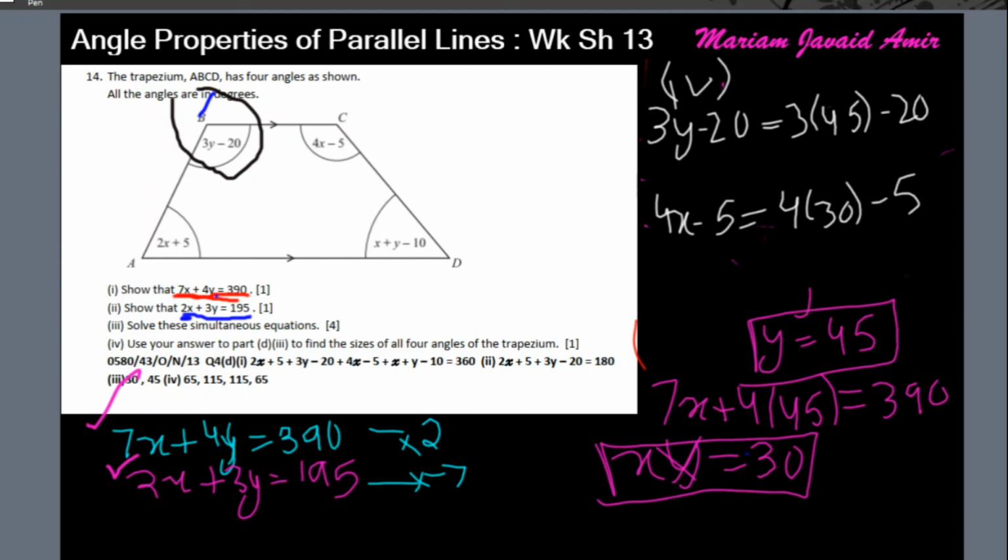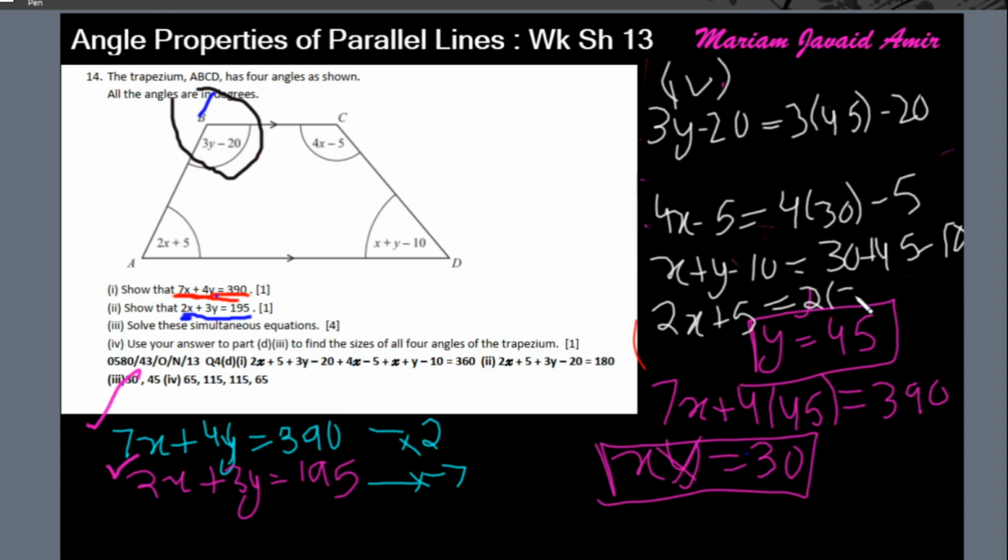Then the next angle is x plus y minus 10, which will be 30 plus 45 minus 10, and then the last angle is 2x plus 5, which will be 2 times 30 plus 5. So you will get these four answers by simplifying these expressions. That's it with worksheet number 13.